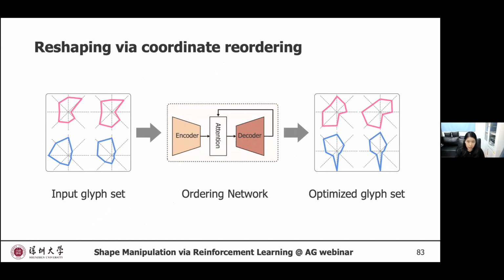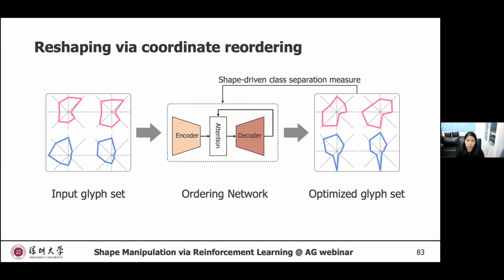The network architecture is actually very similar to the one we used in the transport and pack problem, since both problems aim to find a good sequence order for a given set. So the key in this problem becomes to define a proper reward function to guide the training of this ordering network.